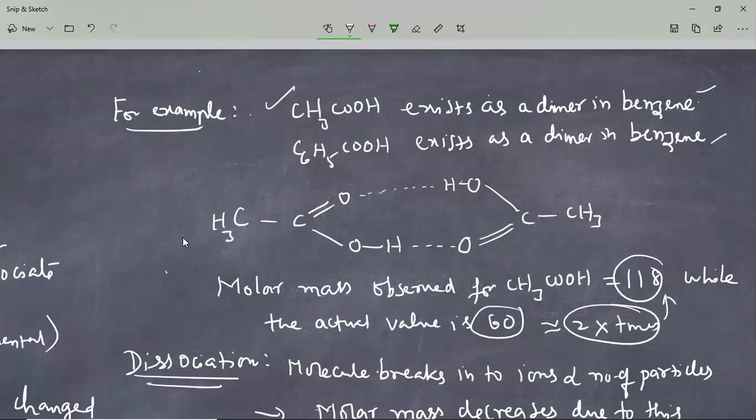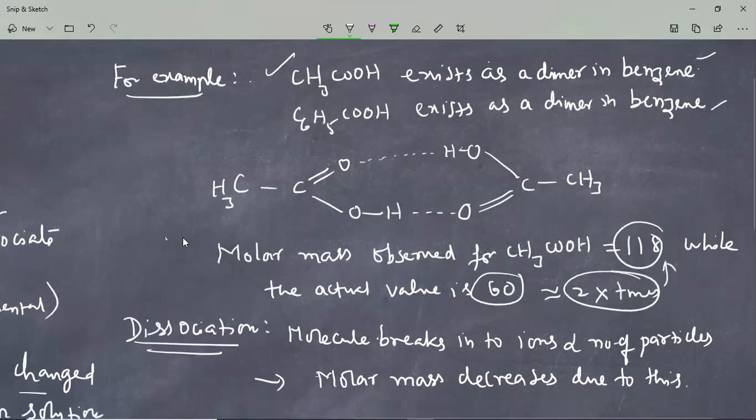Benzoic acid also exists as a dimer in benzene. For acetic acid, the experimentally identified molar mass is 118, while the actual molar mass calculated from the formula is only 60. So 118 is 2 times the actual value. It is called abnormal molar mass, because of its association in benzene.